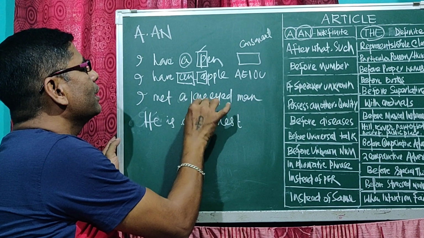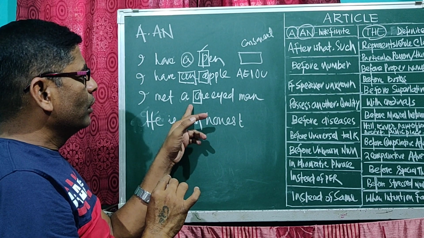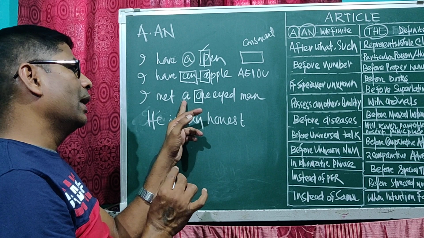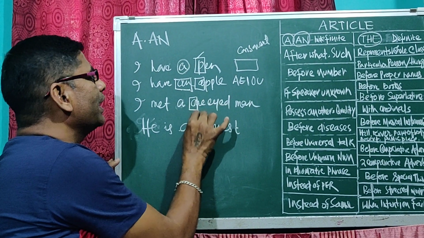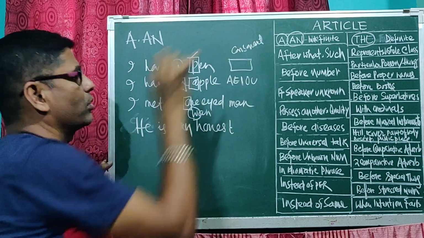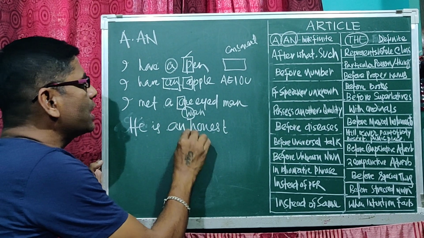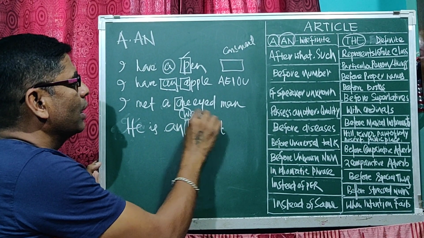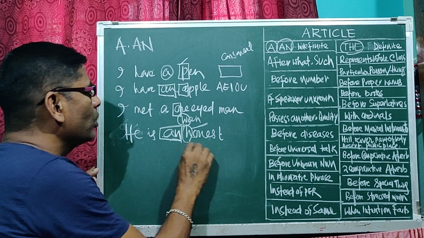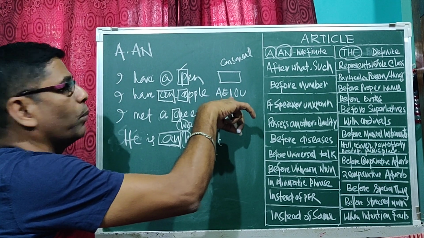Though the word starts with O, which comes under A, E, I, O, U, still I use A because the sound of one is W-A-N. W is a consonant sound. Here, he is an honest man. Though it starts with H, a consonant, I use AN here because it sounds like honest, with an O sound. O is a vowel sound.